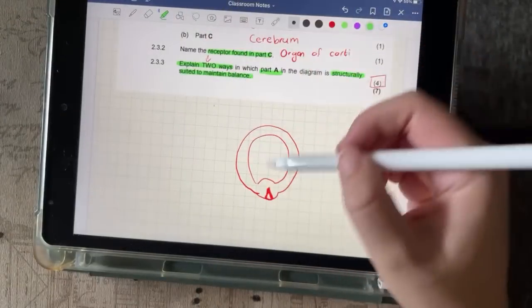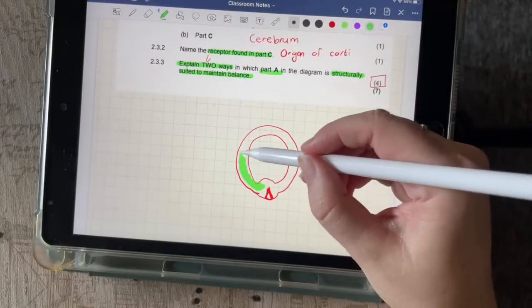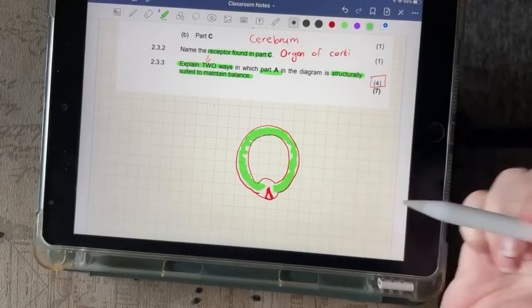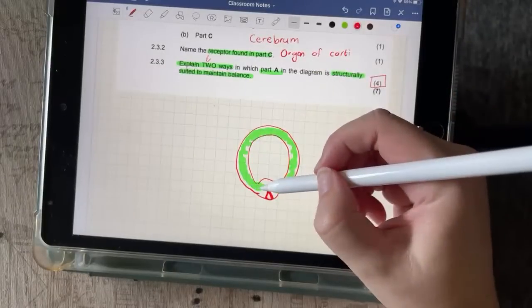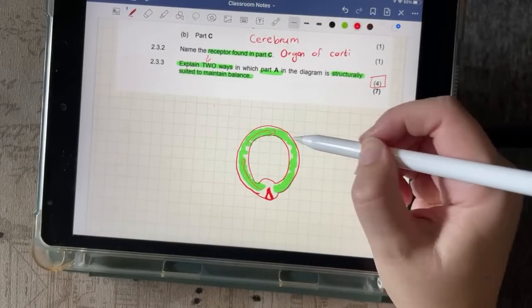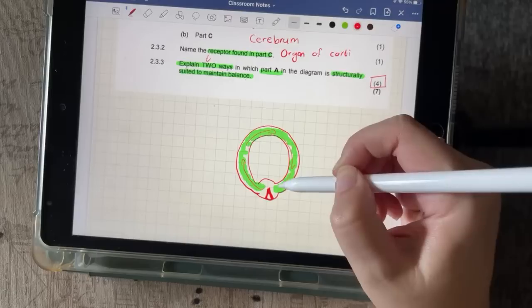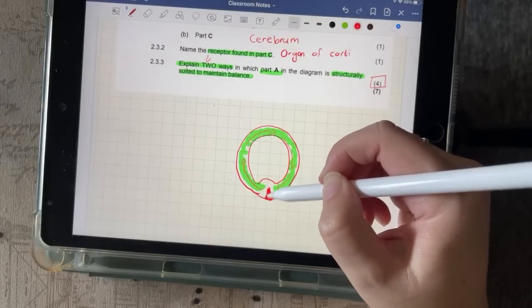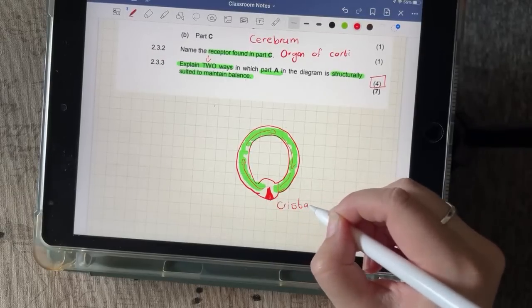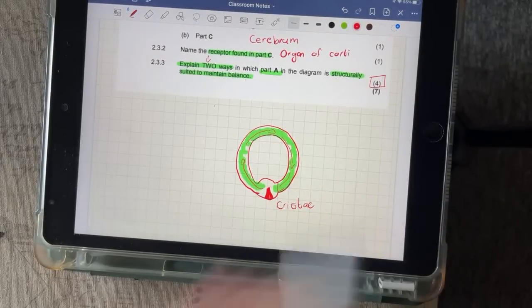And inside of here is a liquid called lymph or endolymph. And it fills this space. And basically every time you move your head, the lymph sloshes like a roller coaster around the canal like that. And it stimulates this structure over here, which we call the cristae. Okay, that's what it is, Carla.